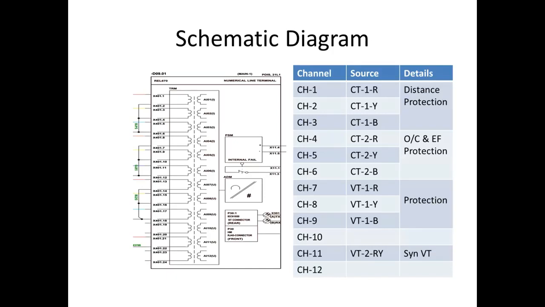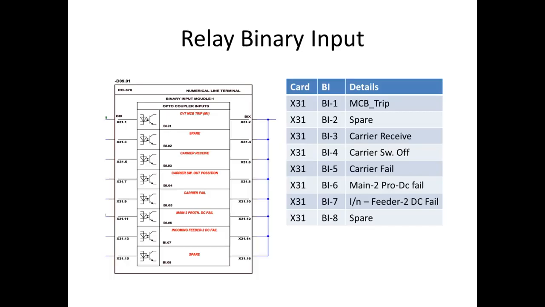The first CT core is coming for distance protection, and the second CT core is coming for overcurrent earth fault protection purposes. It has one VT core coming on channels 7, 8, 9, and 10, and 12 two cores are spare, and the channel is coming for synchronous purposes, that is coming from the bus VT. I have taken these from the schematic and made them in a tabular column.